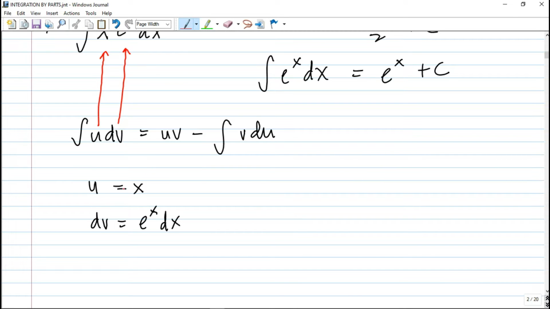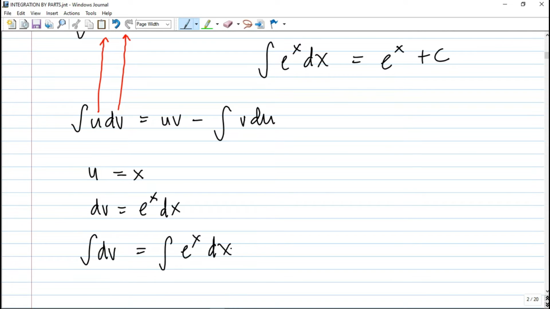Ano yung u natin? Andito na siya, x. What is v? We can extract v by integrating this dv here. The integral of dv equals the integral of e raised to x dx, so v equals e raised to x. Wag na muna natin lagyan ng constant of integration.